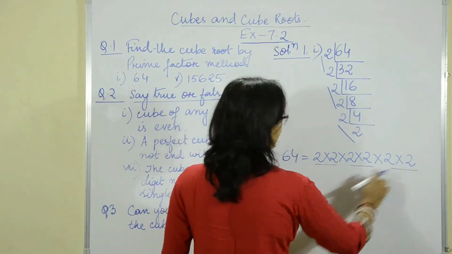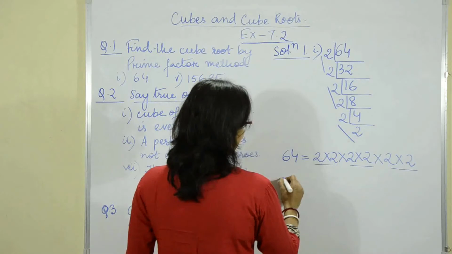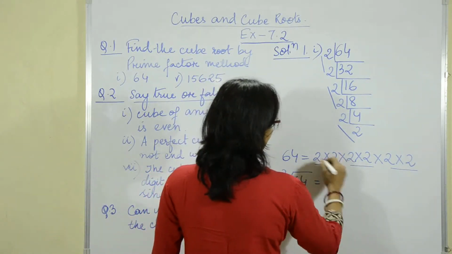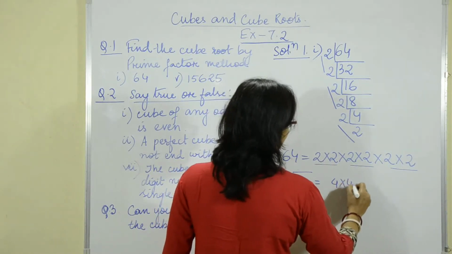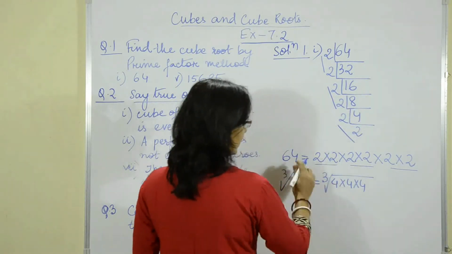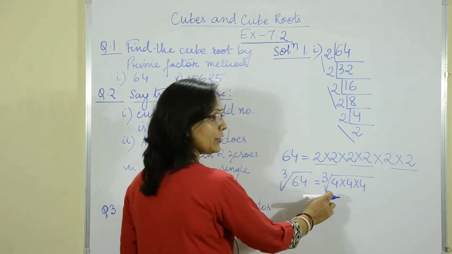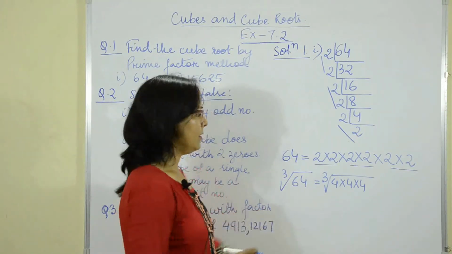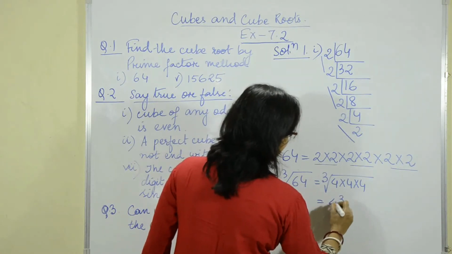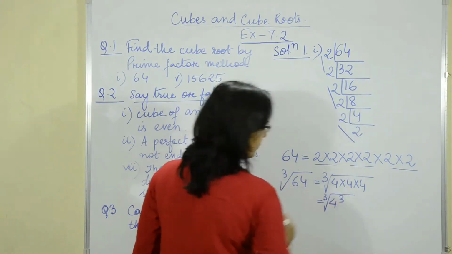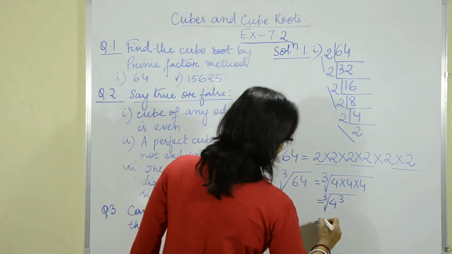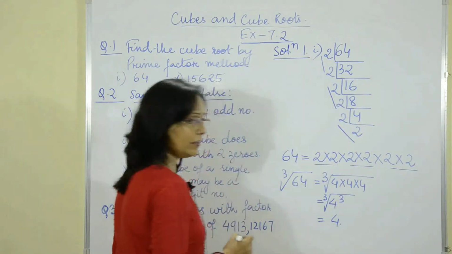Now the cube root of 64 will be, grouping it, 4 into 4 into 4, and then it is the cube root of this. When I use the cube root on this side, make sure you use it on the other side as well. Next, this is 4 cube under the cube root, so the cube and the cube root cancel out and we get 4. So this is the answer.